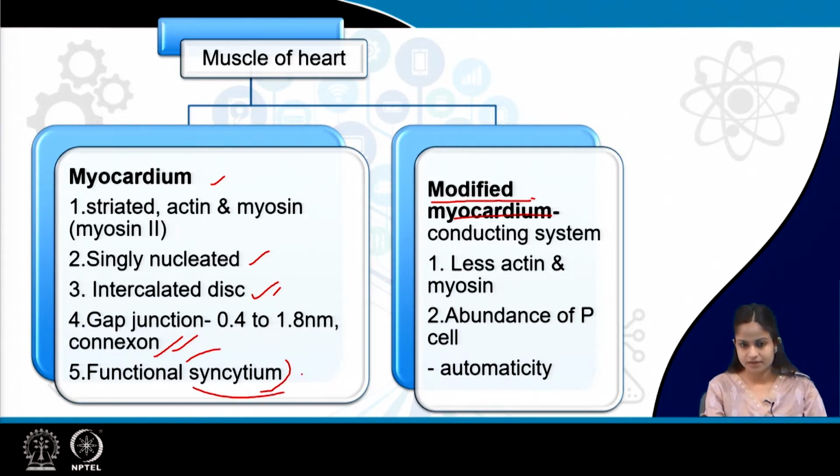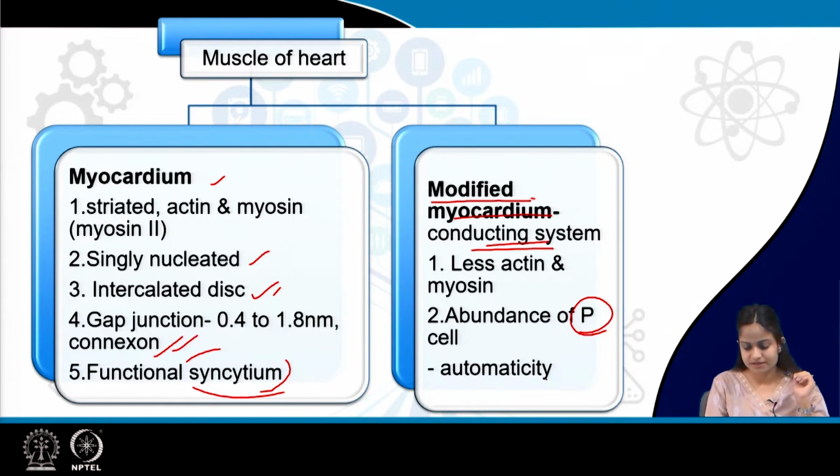Now, the modified myocardial system, which plays a very important role in conduction, has less actin and myosin filaments, because the main role is not contraction but conduction. So, it has an abundance of P cells or pacemaker cells, which are mainly responsible for generating their own rhythm, that means generating their own beat.